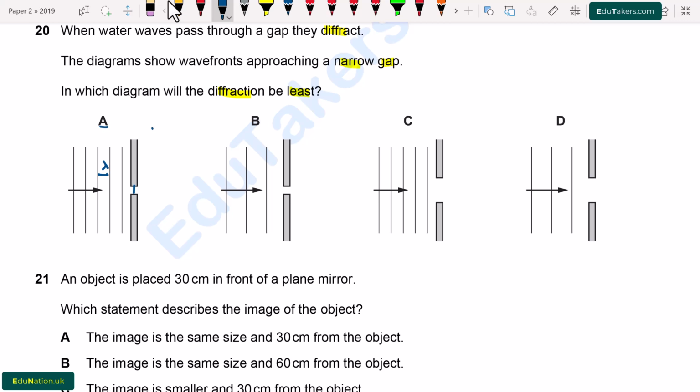If the separation between the barrier is smaller as compared to the wavelength, then there will be large diffraction, which is the case given in option A, that the separation D between the barrier is smaller as compared to the wavelength, so there will be greater diffraction.